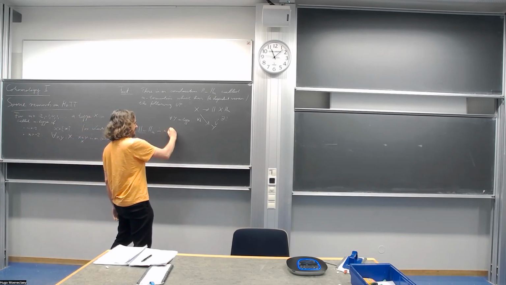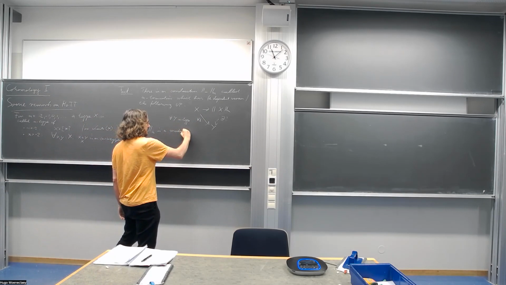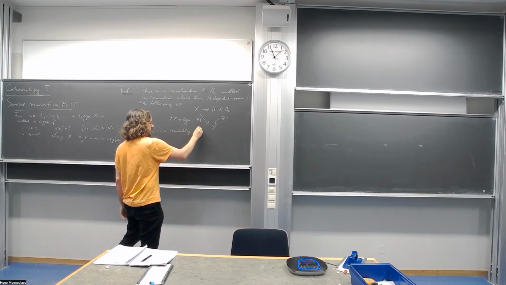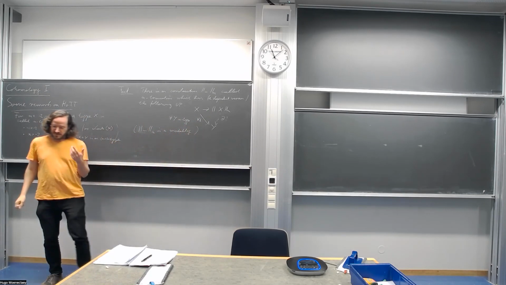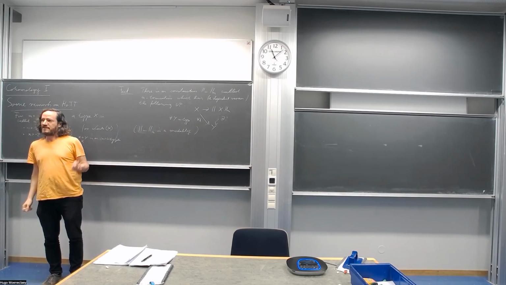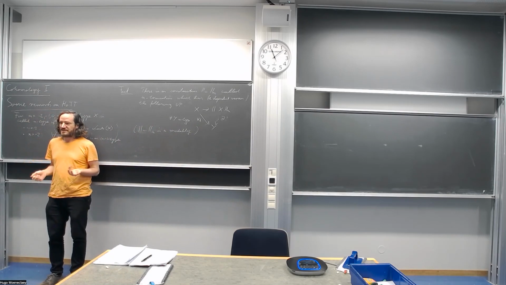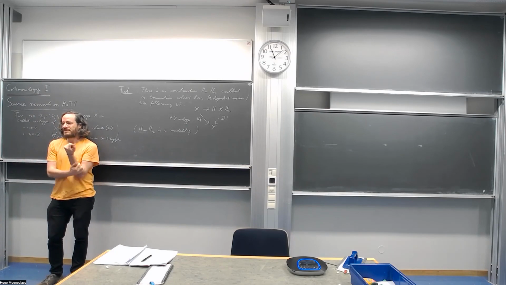So there's a modality, and the sheafification Thierry mentioned earlier is also an example of a modality, but one which is also left exact. So it preserves even more structure, but what Thierry mentioned was that the sheaves are stable under all type formers like identity and pi and sigma and so on.